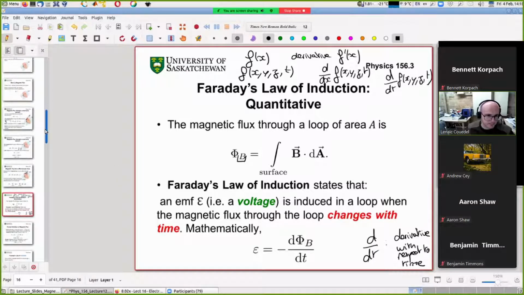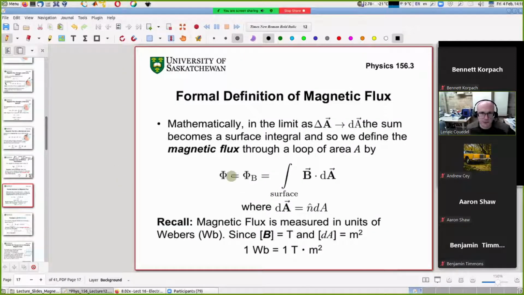All right. So now that we have defined the magnetic flux mathematically, we go from delta A to dA, so it's a limit. When delta A goes to 0, the sum becomes a surface integral, and we define the magnetic flux through a loop of area A, phi B, as the integral over the surface of B dot dA, where dA equals n hat dA, and the result is in Weber.